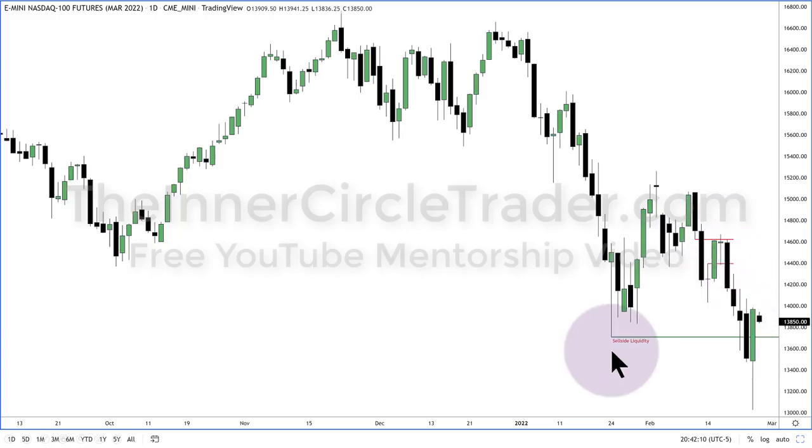The question I want to leave you with is this. Why does it respect the levels I'm teaching here in the logic from imbalance to liquidity if everything is based on trend lines, moving averages, harmonic patterns, Fibonacci this, Elliott wave that?